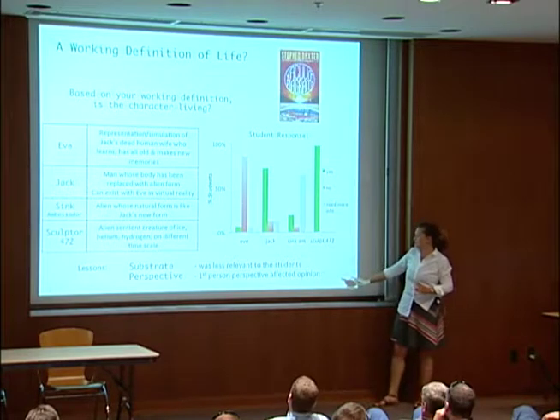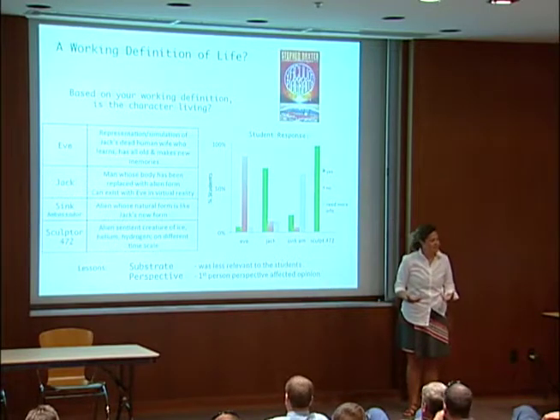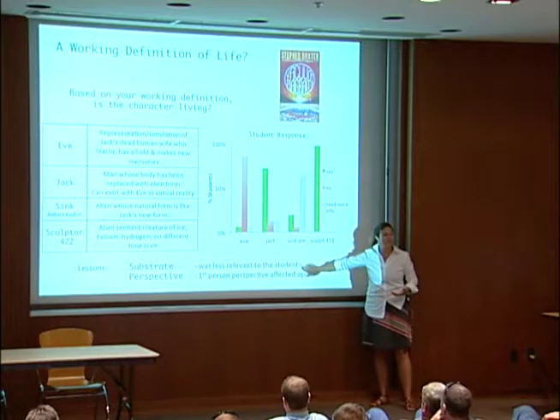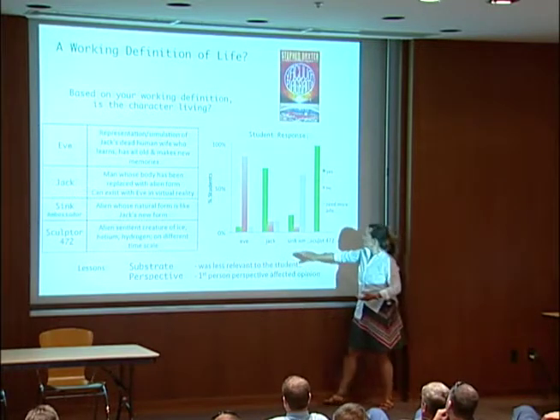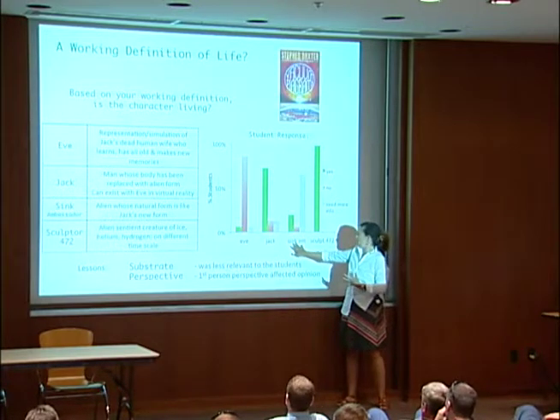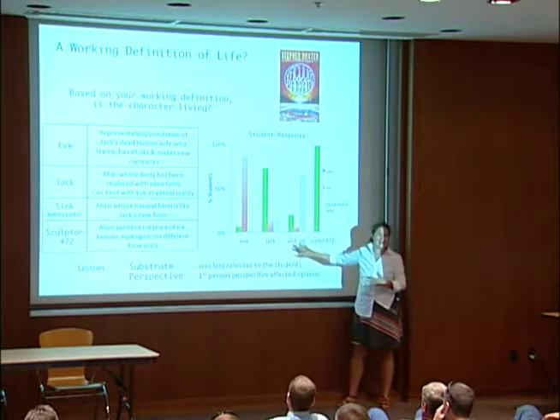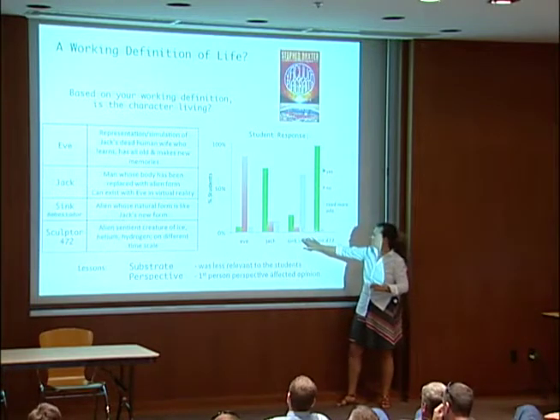What's interesting about this is that the substrate, the chemistry of that life, seems to be less relevant to the students. Okay? So Jack, who has the same physical substrate and being as the Sync Ambassador, definitely alive; Sync Ambassador, they don't know. Right?